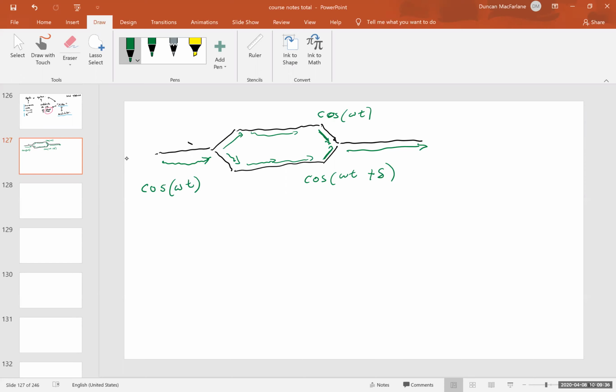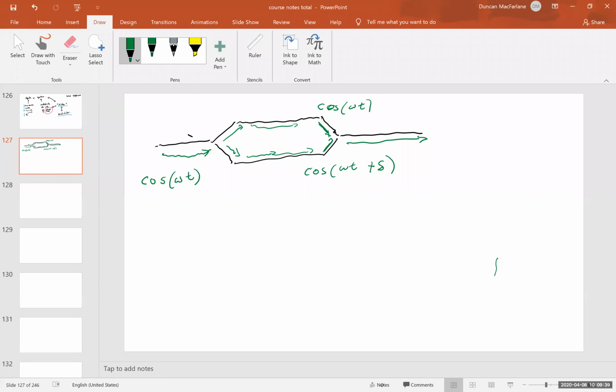What I'm saying is that the path on the top might be a little bit shorter than the path on the bottom. And so when those two signals come out together, they potentially come out with some sort of a phase shift between them. So y of t, the output, will equal cosine omega t plus cosine of omega t plus some phase shift.